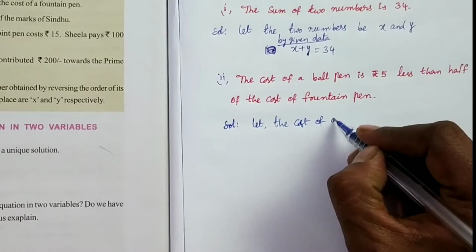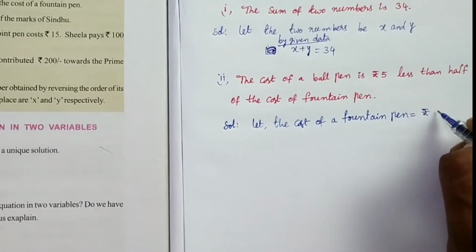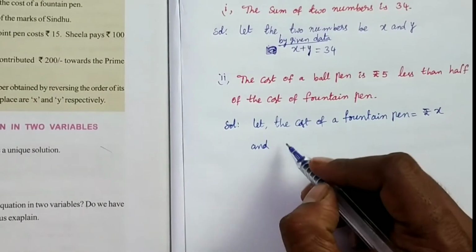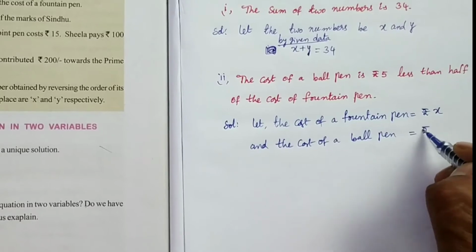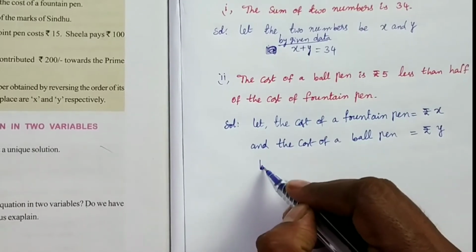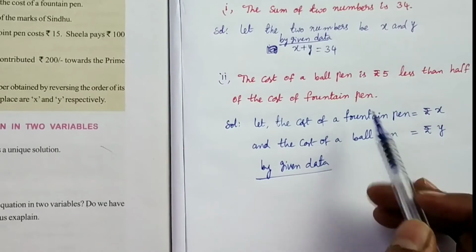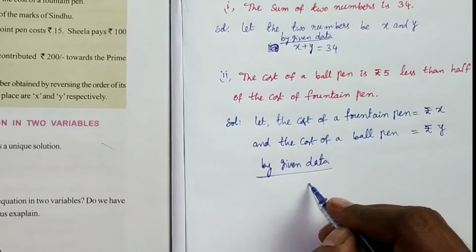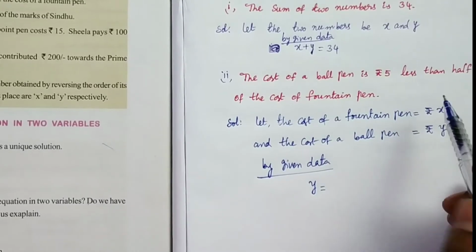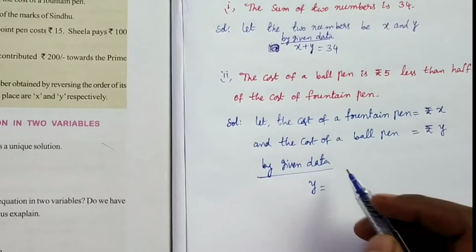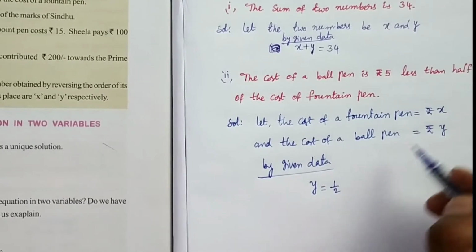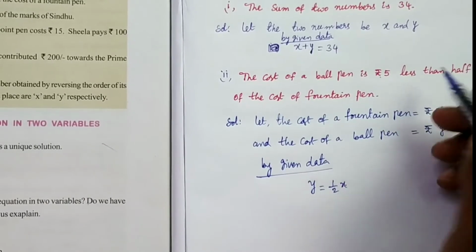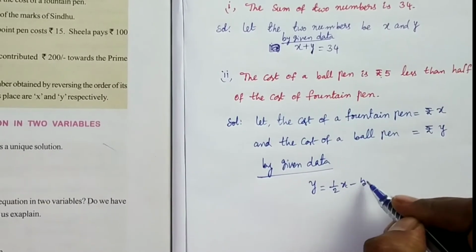a fountain pen be rupees x, and let the cost of a ball pen be rupees y. By the information given, the cost of a ball pen, that is y, is equal to half of the cost of the fountain pen, and 5 rupees less than the half, so it's minus 5.